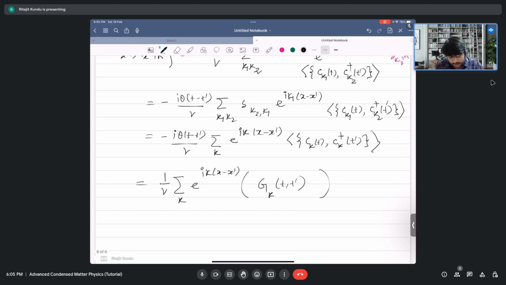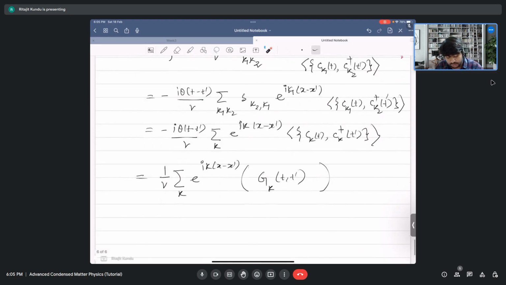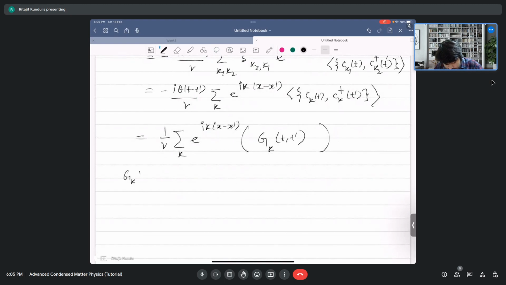So you can see that we started from a real space Green's function, and I have used the homogeneity of the system to reduce it to a Fourier transform. Just a Fourier transform. So this G k (t, t prime) is given by minus i theta (t minus t prime) and then this expectation value.